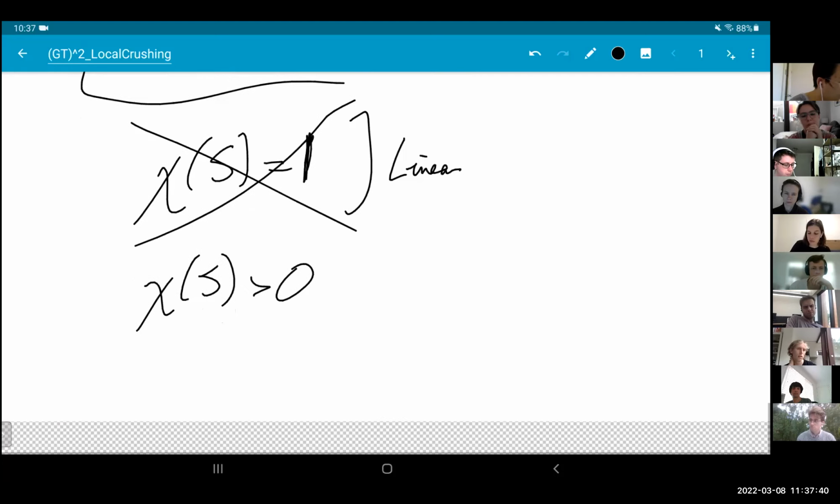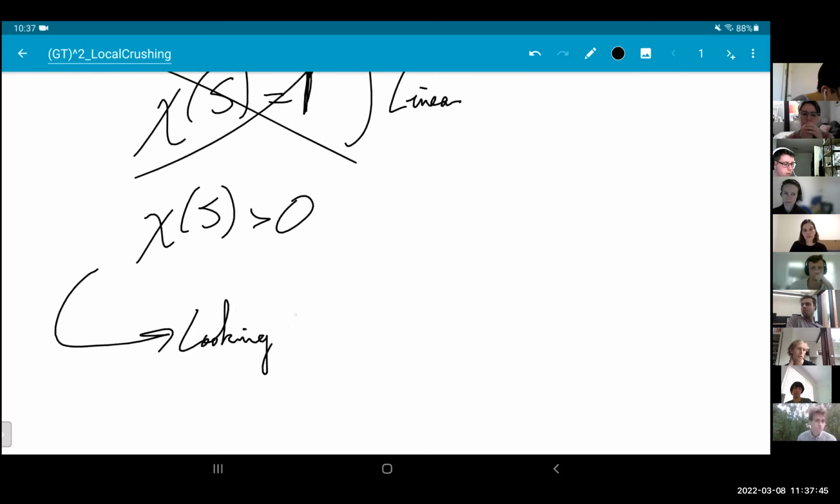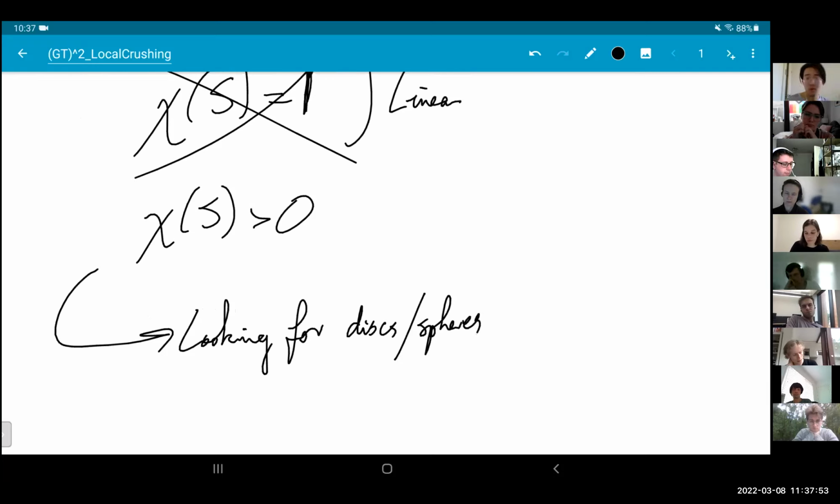So now what this means is, after all that, we're looking for disks, right? Disks fall into this, or spheres, because spheres have positive Euler characteristic too. What else has positive Euler characteristic?